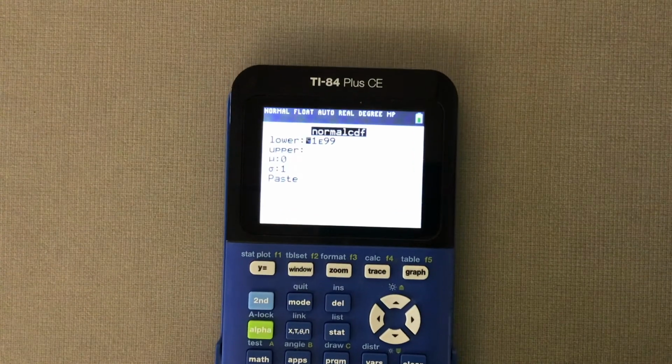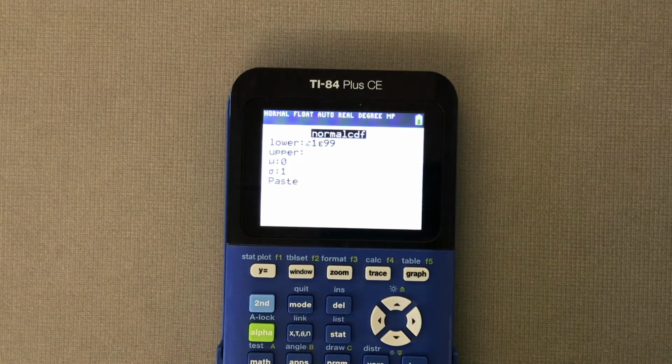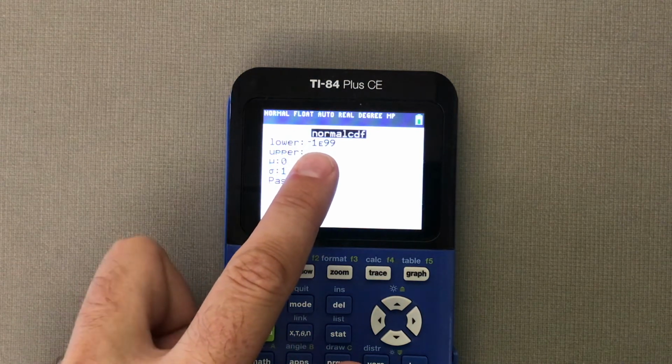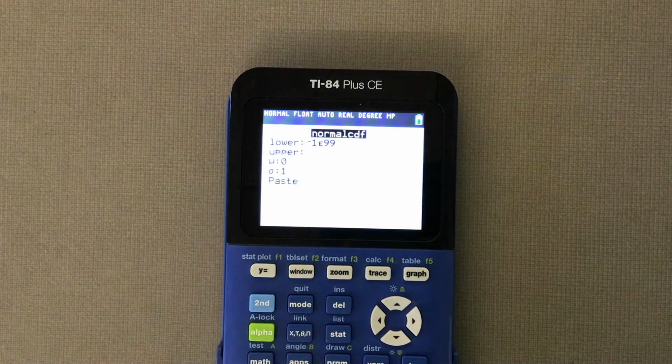So the first thing we're going to enter is the lower bound. We know that the normal curve extends to infinity in both directions. So how do you write infinity? Well, one way is what they've already given you here, -1, and that's scientific notation, times 10 to the 99th power. So that's a -1 followed by 99 zeros. That's pretty far out there.